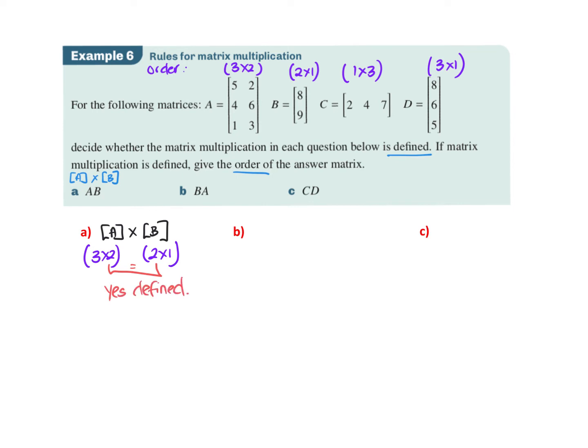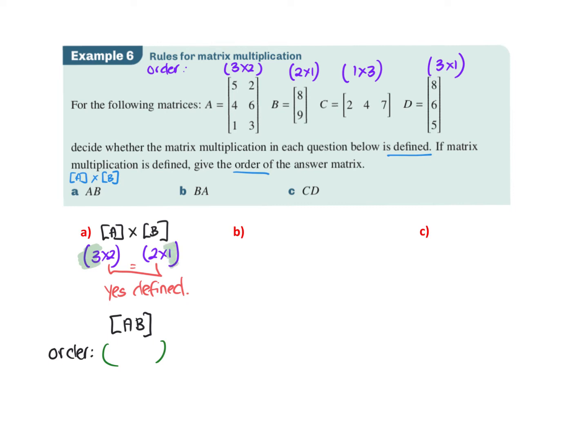So we know yes, it's defined. Now if we multiplied them together, we'd end up with an AB matrix. Now we want to know what the order of that matrix would be. Remember, once we know we can multiply, the order is the front number of the first one and the back number of the second one.